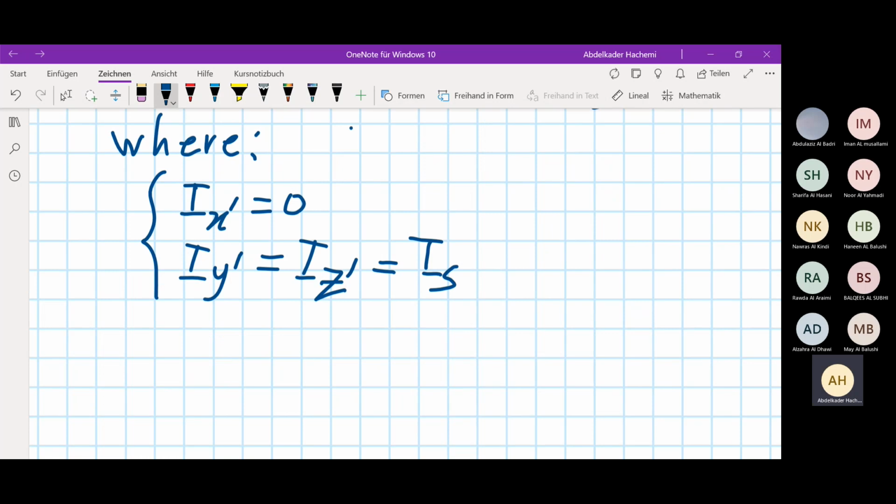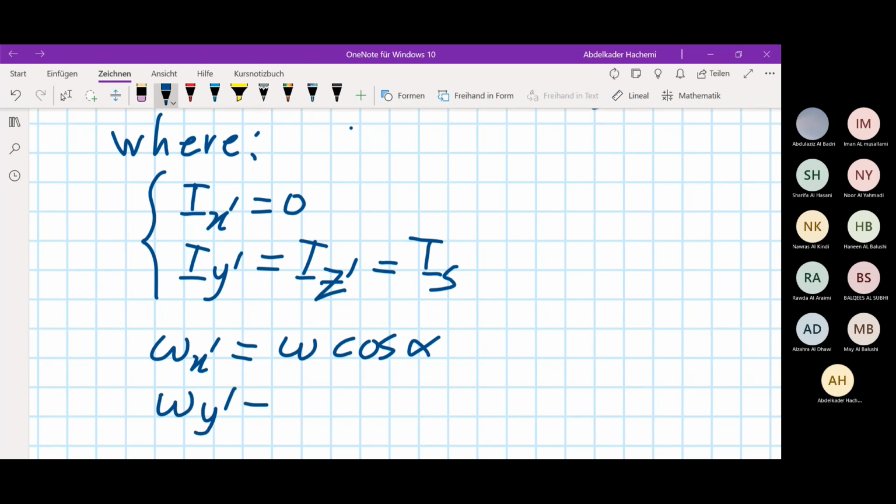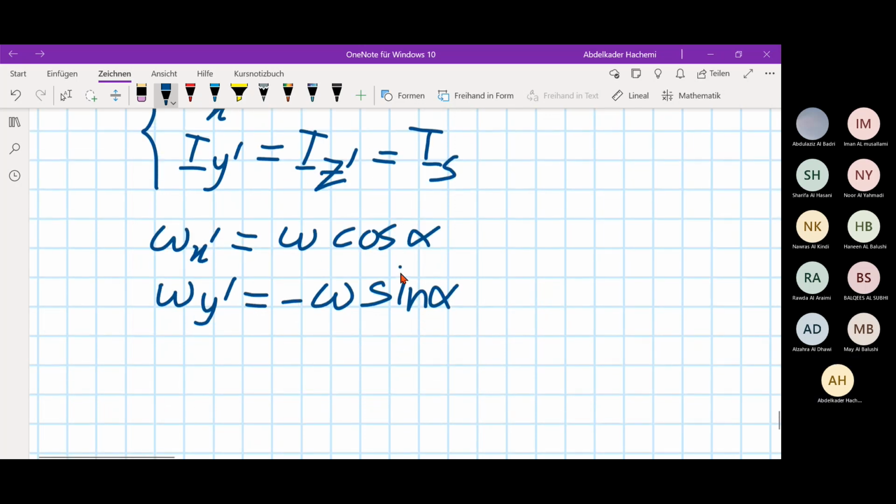Now if I write for omega, we have omega x prime, as I said, only to project omega along the x prime direction and y prime direction, then omega cosine alpha, and omega y prime will be minus omega sine alpha, and omega z prime.